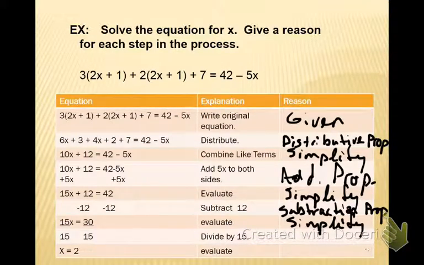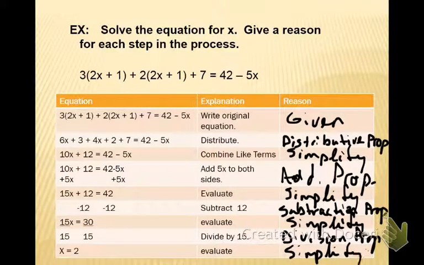Then we're going to divide both sides by 15. And the division property, you've got to include the word property in here, says we get to do that. Then once you do that, we can simplify again, and we end up with our solution here.